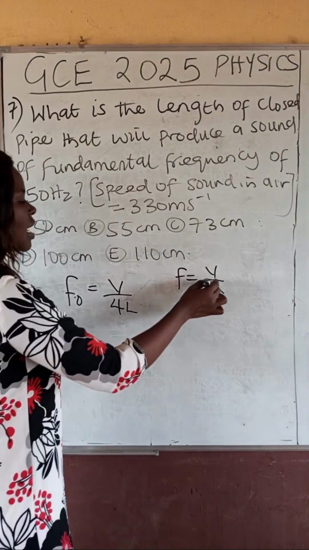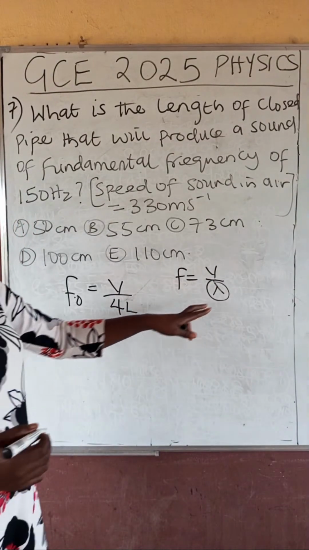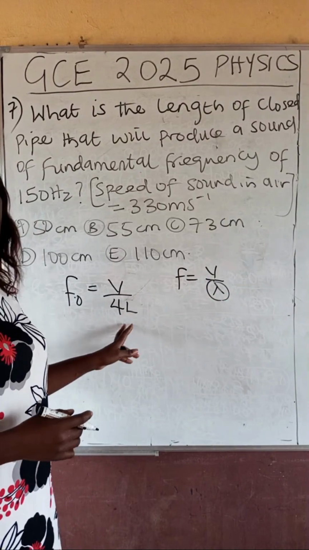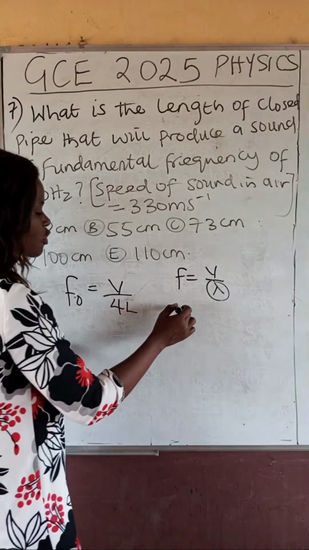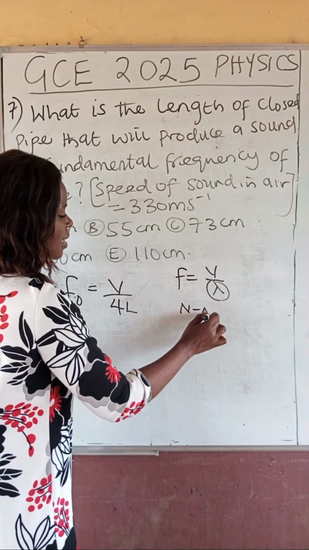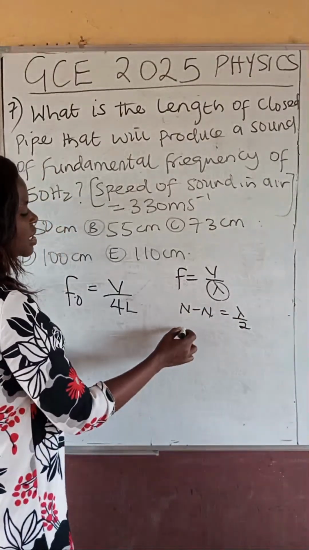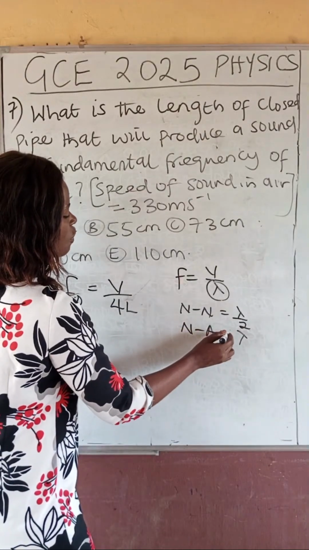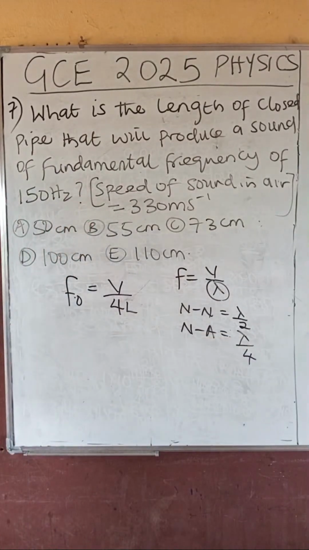But because in the harmonics and overtones, the distance the sound has traveled is equal to 4L. Remember that the distance between a node and another node is lambda over 2, and the distance between a node and an antinode is lambda over 4. Is that clear? So we're going to use this to solve.